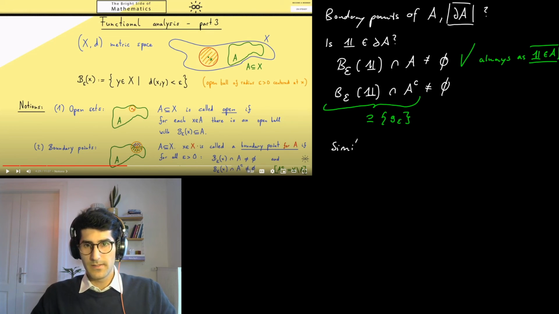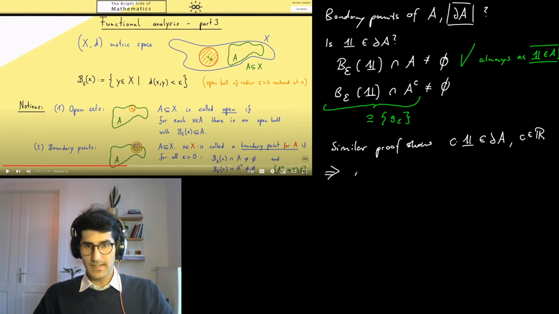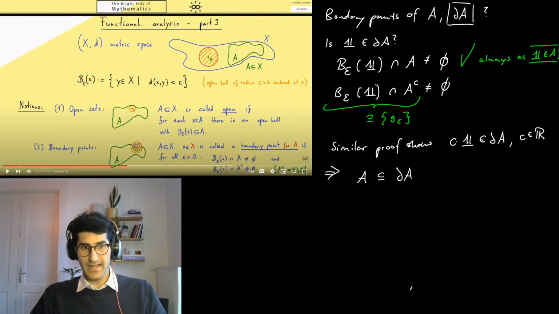So, a similar proof shows indeed that c times the 1 function is in the boundary of A for every c in R. So this allows us to conclude that actually A is a subset of its boundary. This may seem counterintuitive, but only because you may still think of the image on the left-hand side.